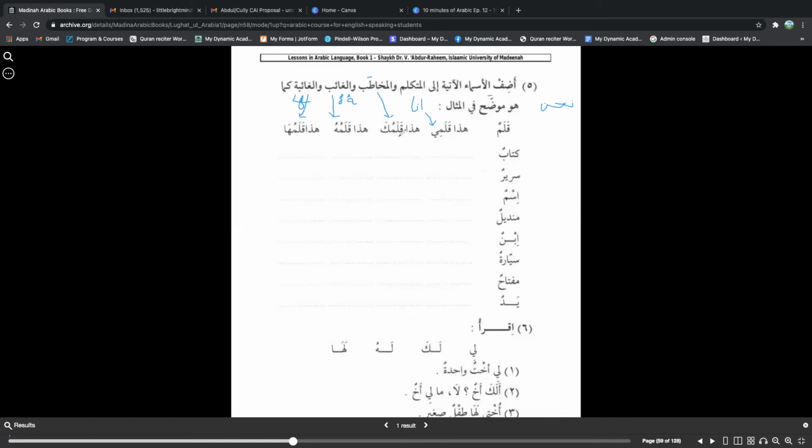Okay, and for all the other ones, you take off the tanween, and each one gets a dhamma. Like kitabuka, kitabuhu, kitabuha. Okay. Suriruka, suriruhu, suriruha.